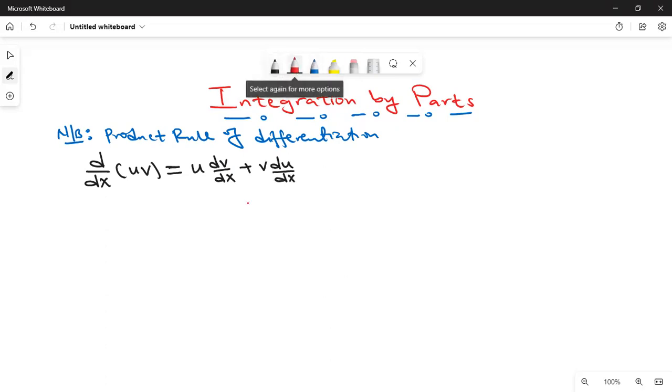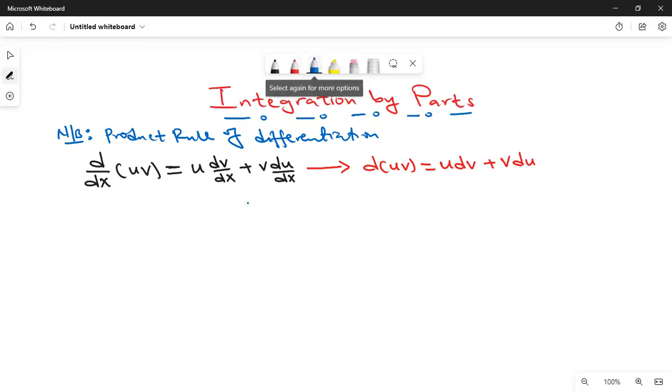So if I multiply by dx, we get d(uv) equals u dv plus v du. I have multiplied both sides by dx, so the dx cancels.